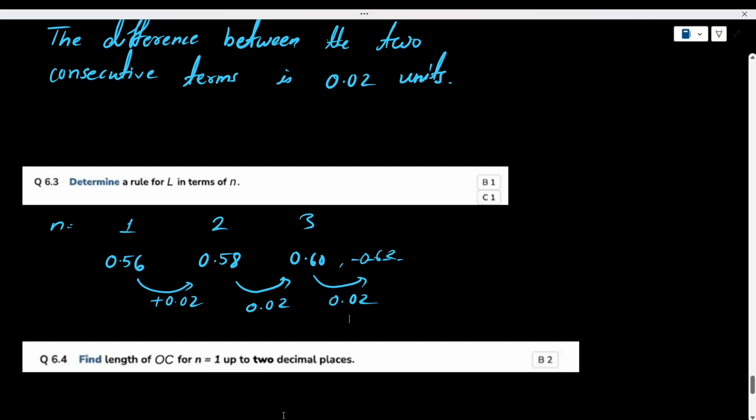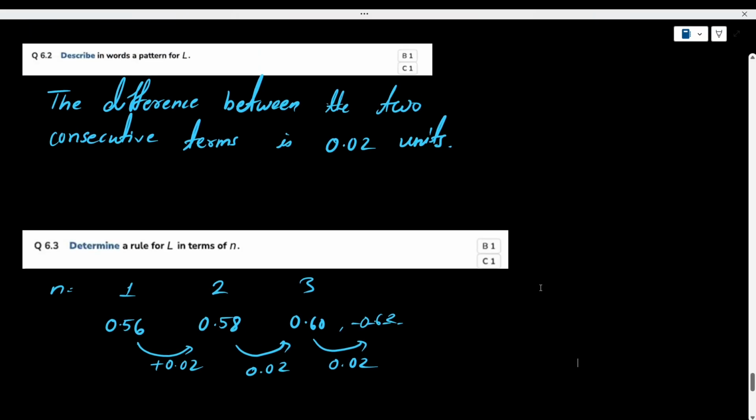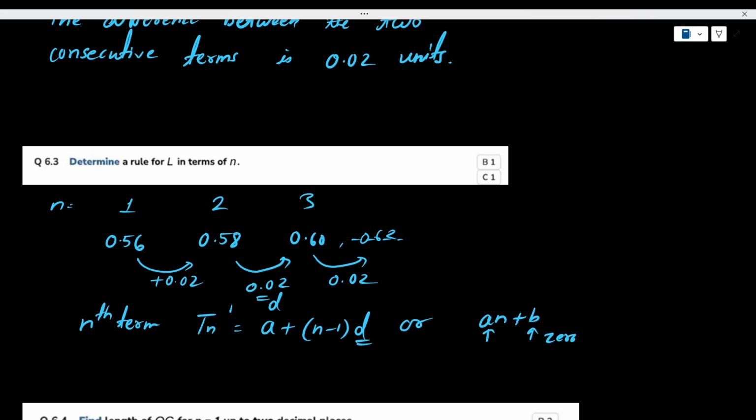So how are we going to get the rule here? You know that there are two ways to do it. You can use the nth term, Tn, sometimes written as Un or Tn. Either you use the formula a plus (n minus 1) d, where d is the common difference, the first difference, and a is the first term, or I can use the standard form an plus b, where a is the common difference and b is the zeroth term.